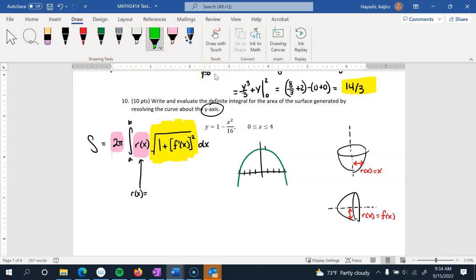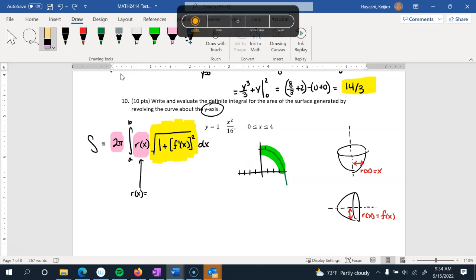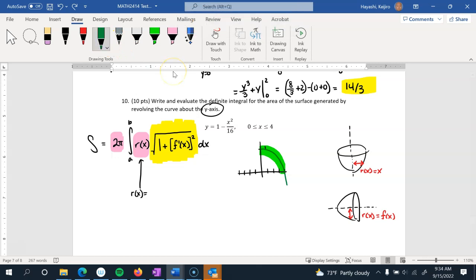So since x goes from 0 to 4, you're actually talking about this portion right here. So this doesn't actually matter, and this bottom part doesn't actually matter either. But you're taking this portion and you're rotating it around the y-axis.